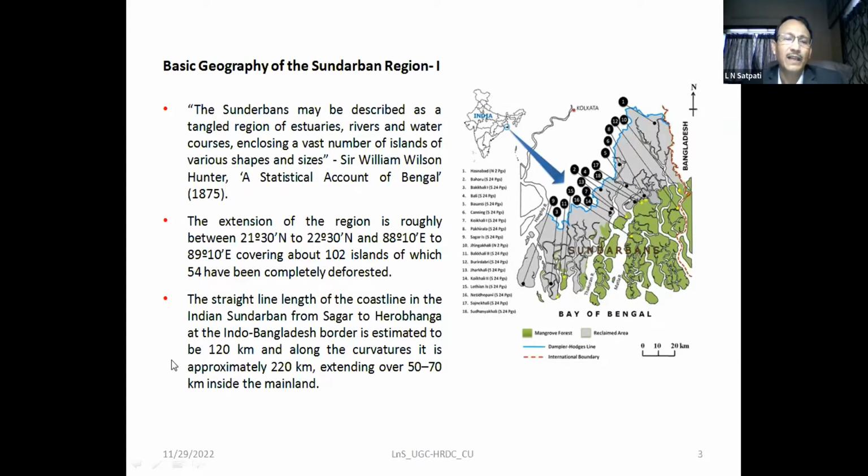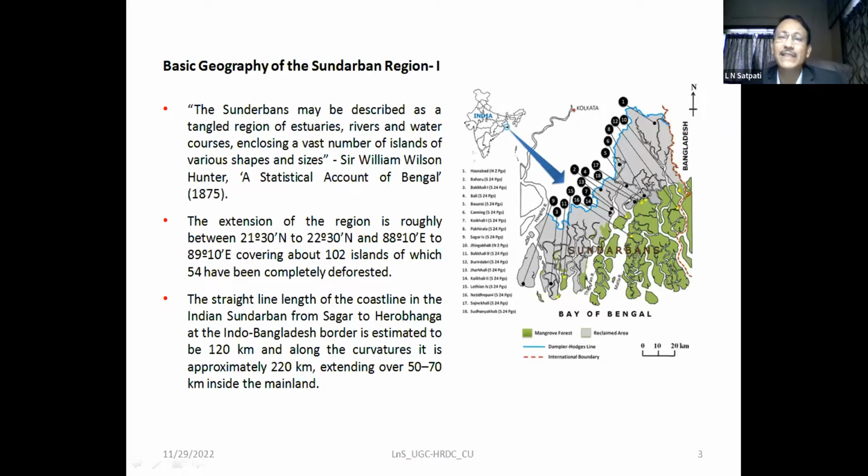And then this is another important feature, that there are so many small and big islands with a lot of funnel-shaped estuaries entering into the landward side. And if we try to make a straight line distance from here to here and a curved line distance, definitely the curvature will be more, and the delta building process is going on in this part because sediments are coming not only from this side, but from this side also.